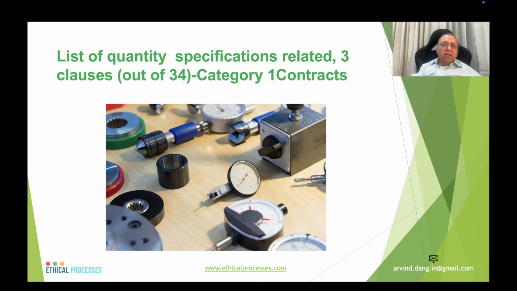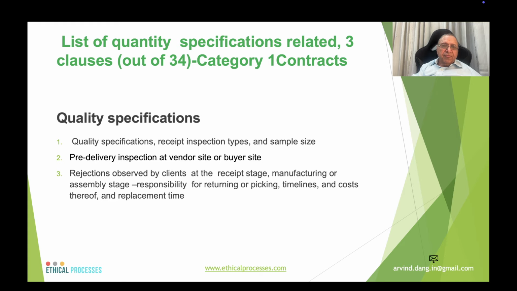Then there are quality specification related clauses, where I have shown the instruments. These are clauses related to the quality specification at the receipt inspection stage at the client end and the sample size, and pre-delivery inspection at the vendor site or buyer site.